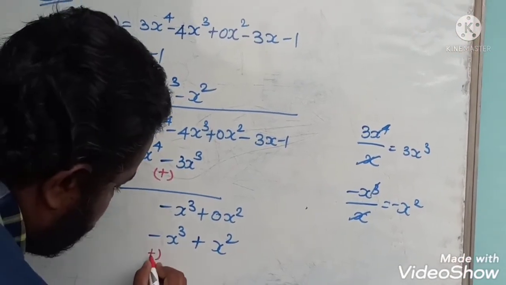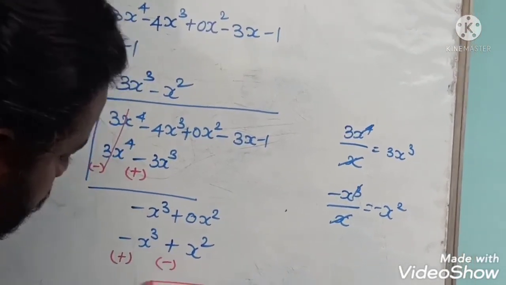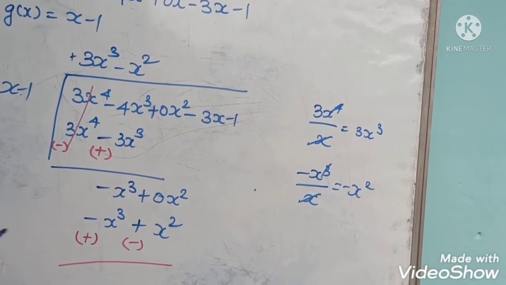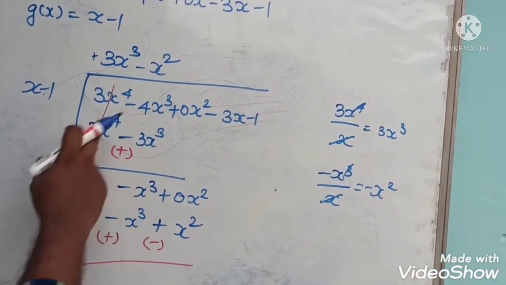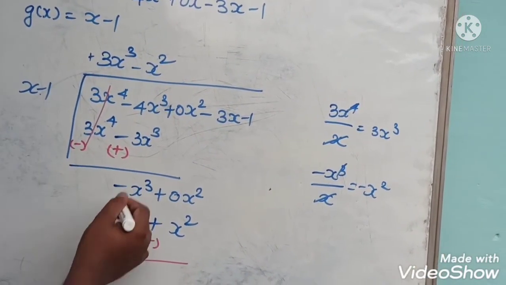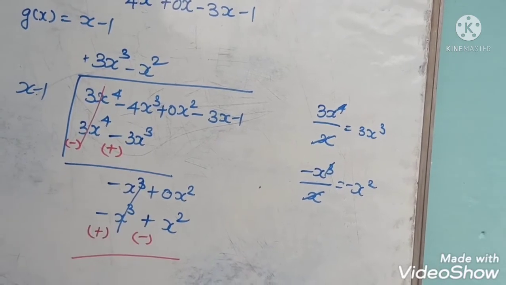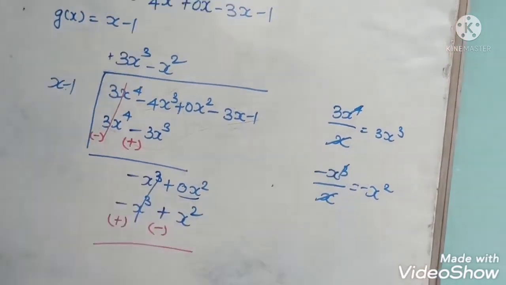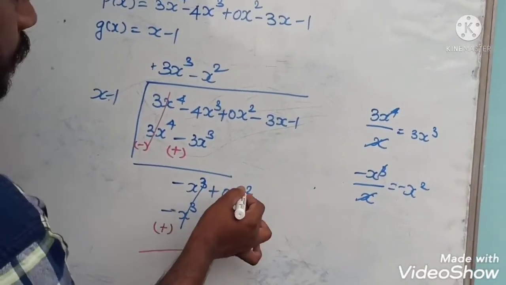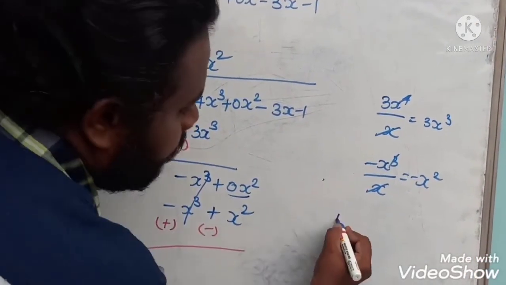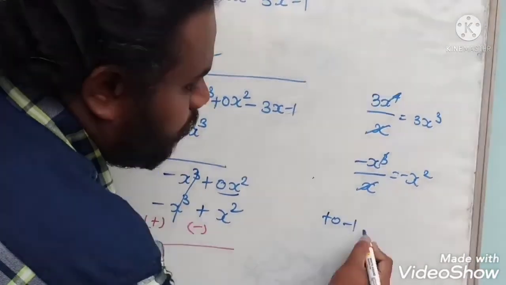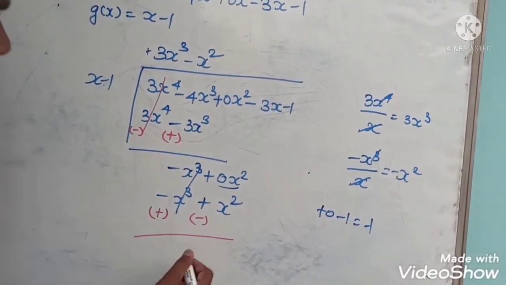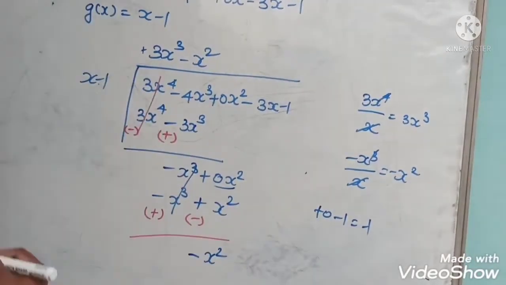So this one plus and this one becomes minus. Now you see, here minus x cube plus x cube cancel. Here there is no term at all. That is a 0. So plus 0x square, that is plus 0, and then minus 1. What we get? Minus 1. That means minus x square.